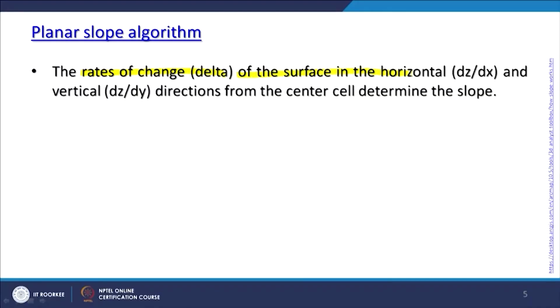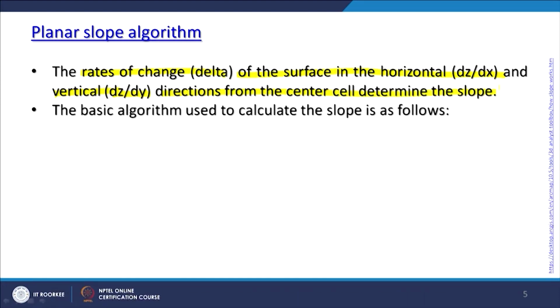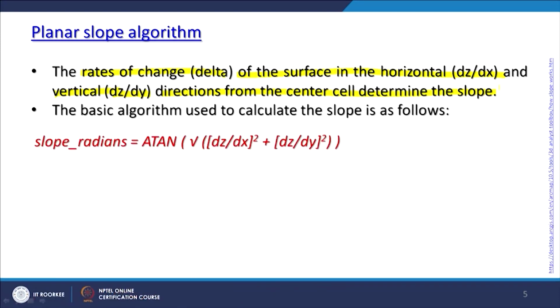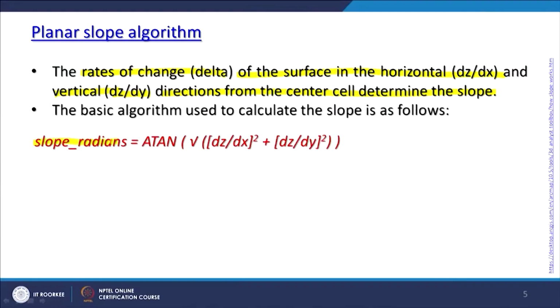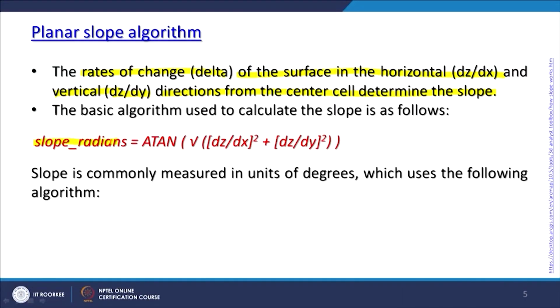Now, when we go for the planar slope algorithm, the rates of change of the surface in the horizontal direction, that is dz by dx, and in the vertical direction, dz by dy, from the center cell will determine the slope. And this is the basic algorithm used for the slope calculation. You can have slopes in degrees or radians or whatever you want.